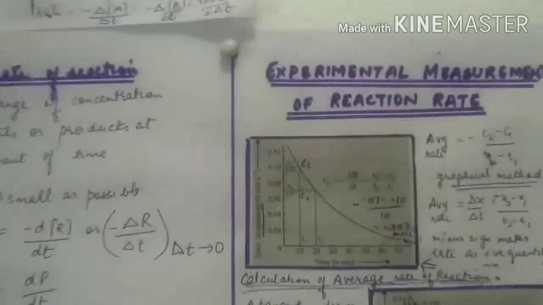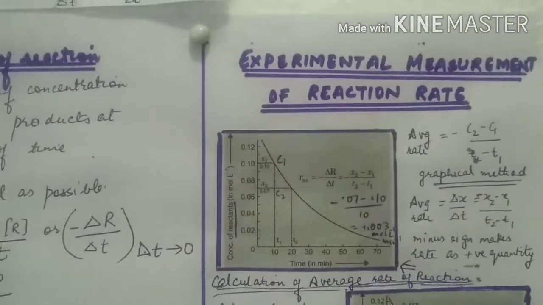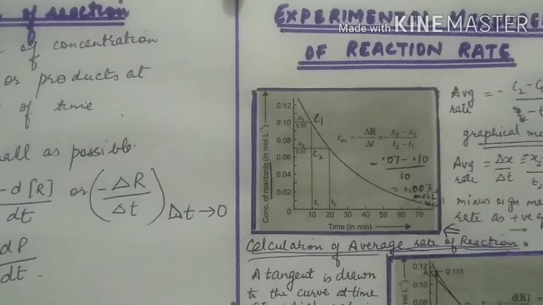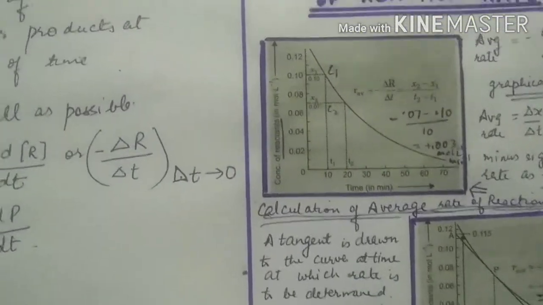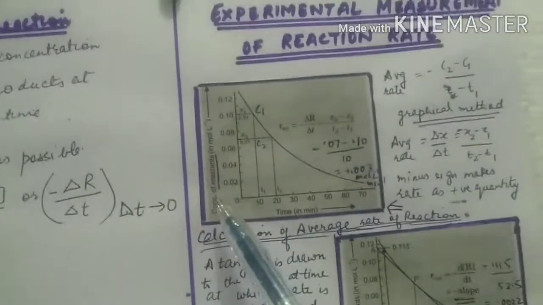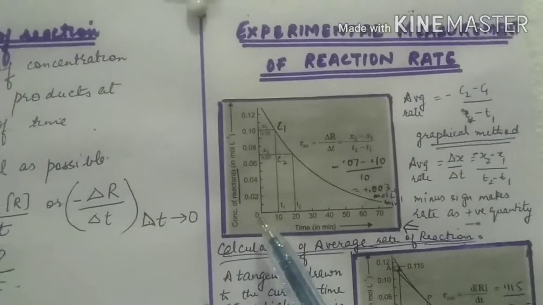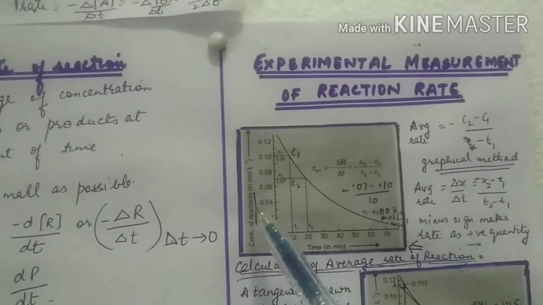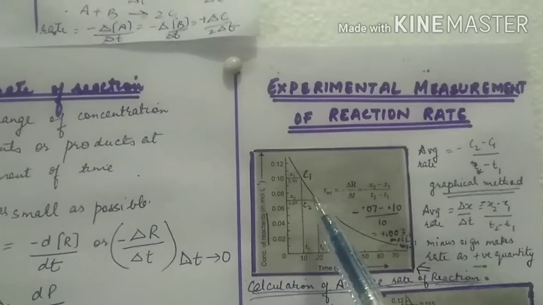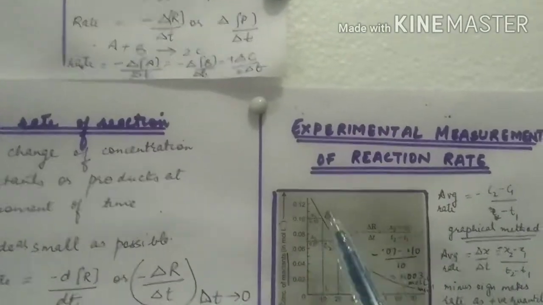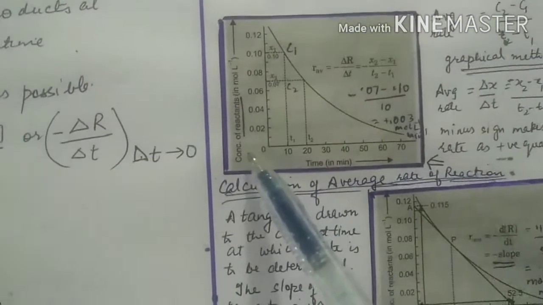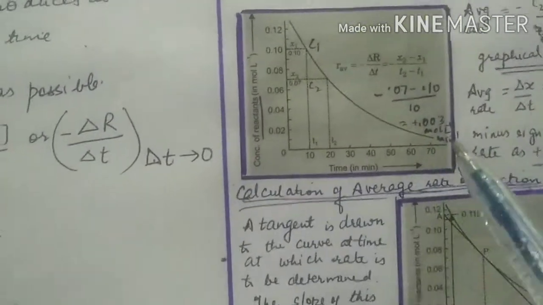We can also measure the reaction rate experimentally. So this one is a graphical method of finding out the rate of reaction. For average rate of reaction, we plot concentration of reactant with time.